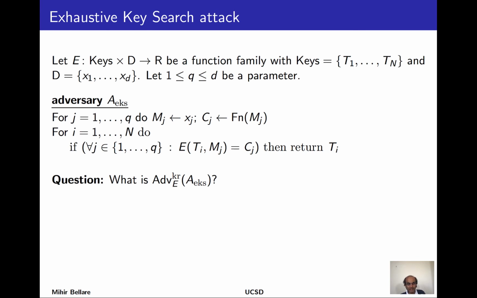So we have now established a way to measure security. And this gives us simply a metric. If you have an adversary, you could imagine running it in either of these games and computing a number that says how well the adversary does. The larger the number, the better it's doing. The smaller the number, the worse it's doing.